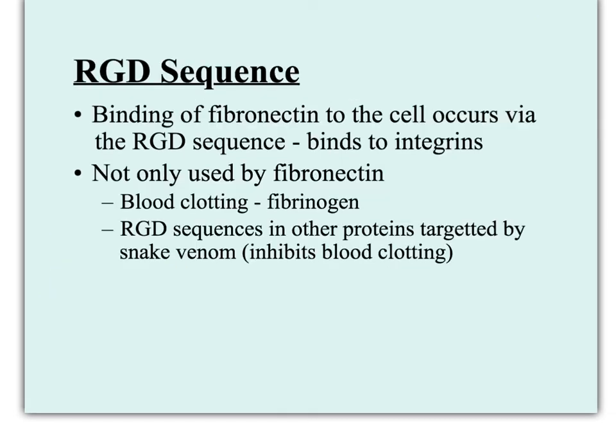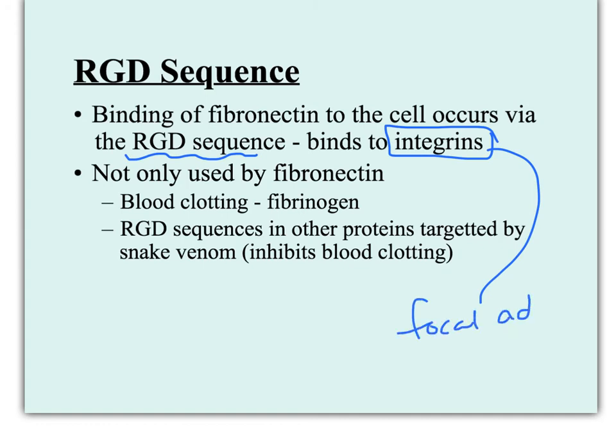That RGD sequence is really cool because it binds to integrins. Okay, and where we had integrins were in focal adhesions and hemidesmosomes. And I think you might remember they have an alpha-beta structure, and there were all sorts of alphas and betas.